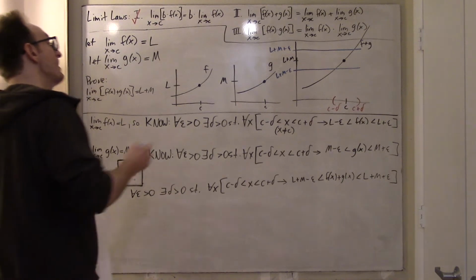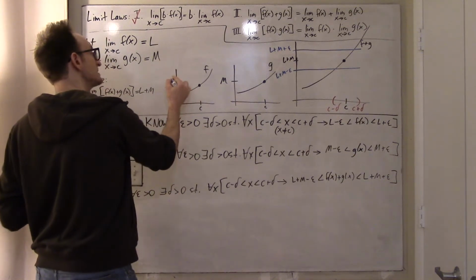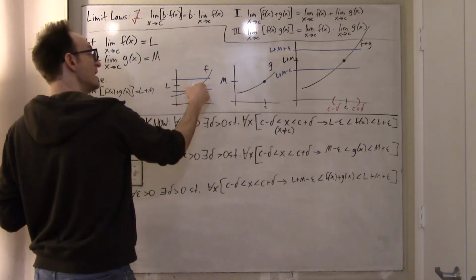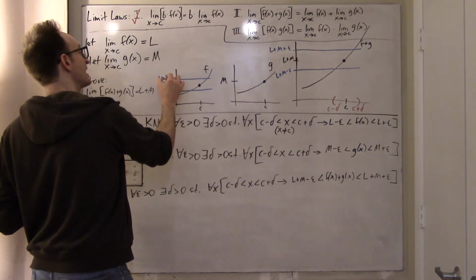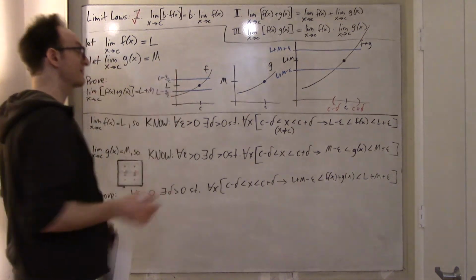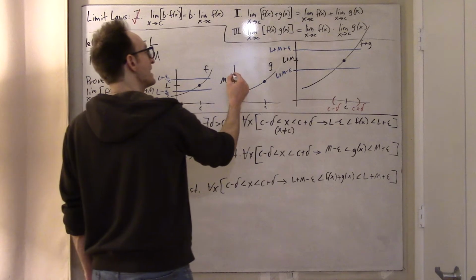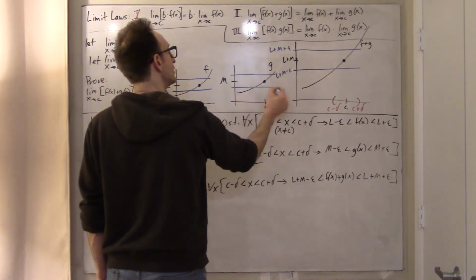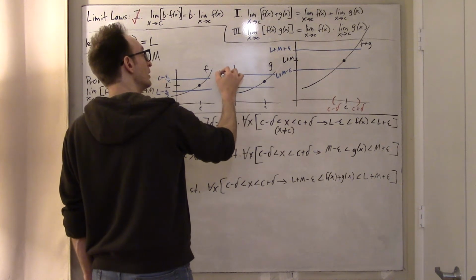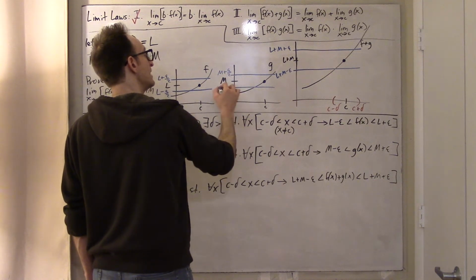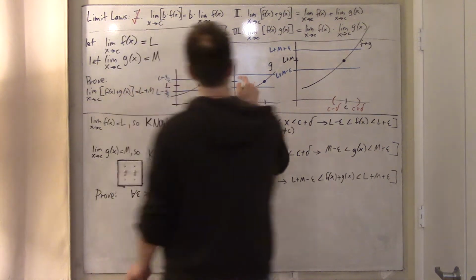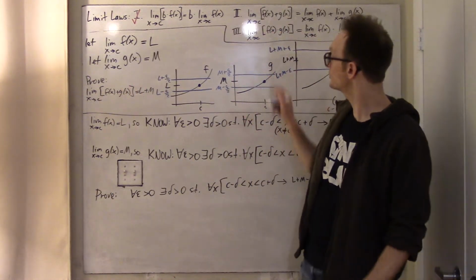In other words, imagine that I was only off by epsilon over 2 in the positive and negative direction from L. And imagine that I was only off by epsilon over 2 away from M in the g function.